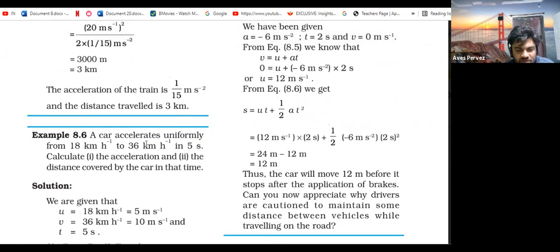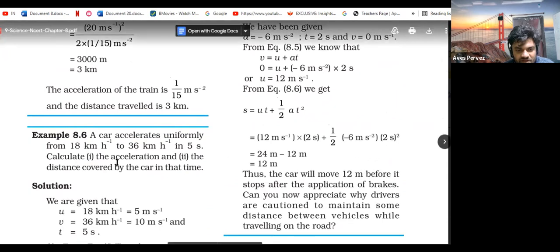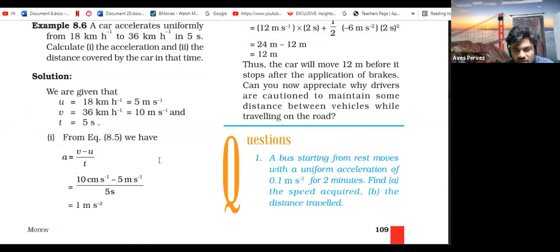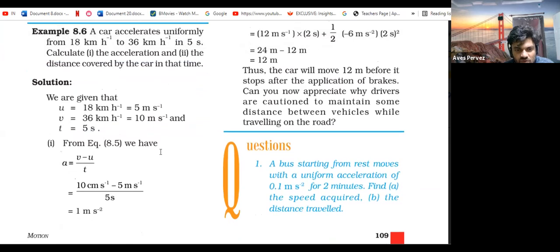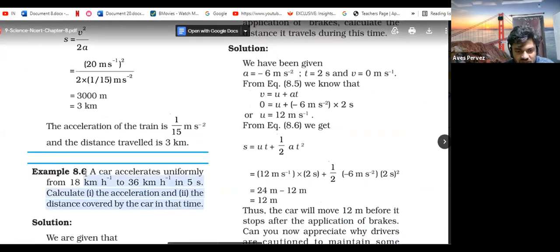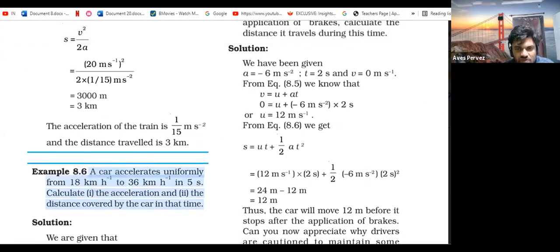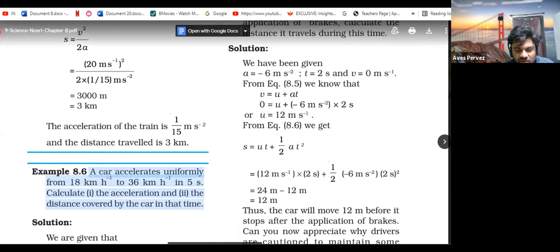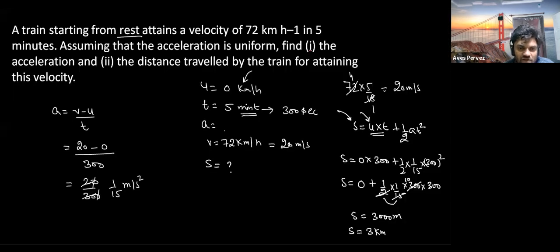A car accelerates from some velocity in 5 seconds. Calculate the acceleration and the distance covered. You can easily calculate this one. Solve this question, please. This is very easy. Let me check whether you are able to do this or not.